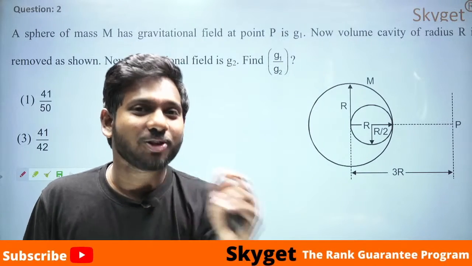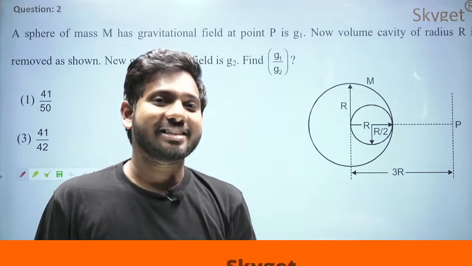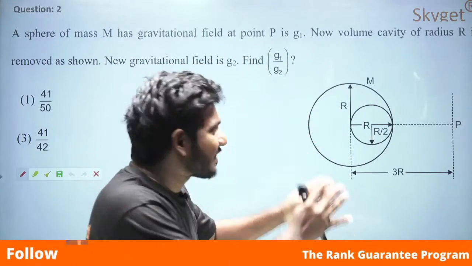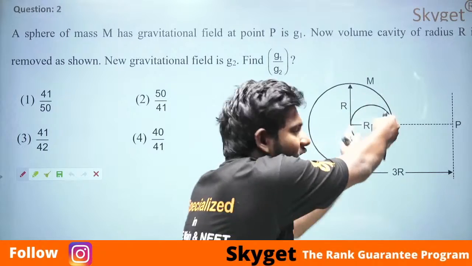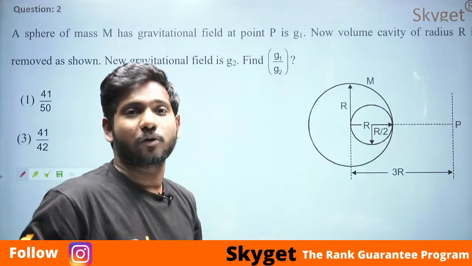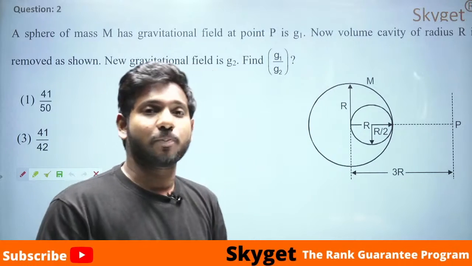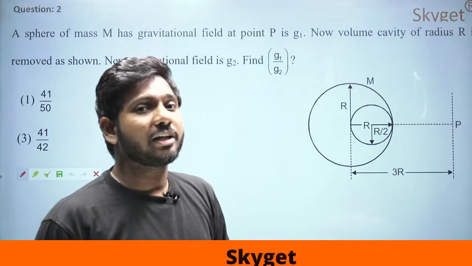What did I say? I told you 5 to 6 models on the same concept of removal of a part. You can expect questions in rotational motion, in electrostatics, in gravitation, and in moment of inertia.